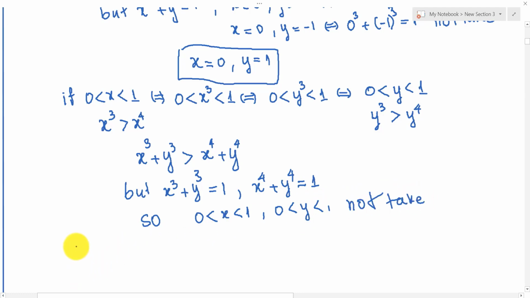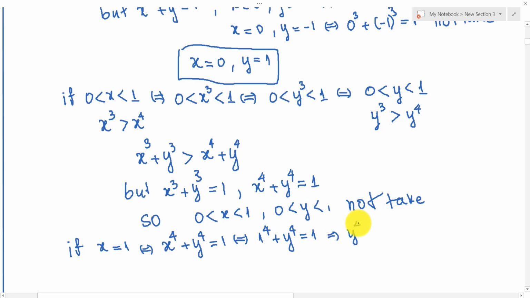Okay, in the end, if x equals 1, so we get x^4 + y^4 = 1, we get 1^4 + y^4 = 1, and we get y^4 is equal to 0. So we get y is equal to 0.